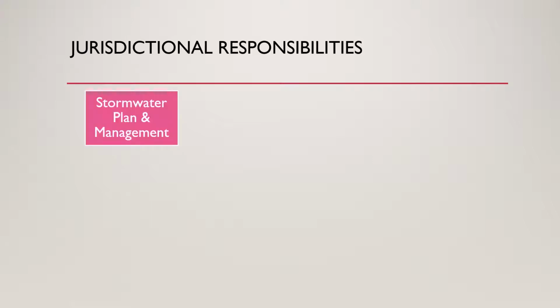So when we're looking for stormwater plan and management, when a subdivision is planned, they also have to put in a plan for how they're going to handle stormwater, or they call it drainage a lot of the time too. And this is where some of my opinions are going to start taking forward.